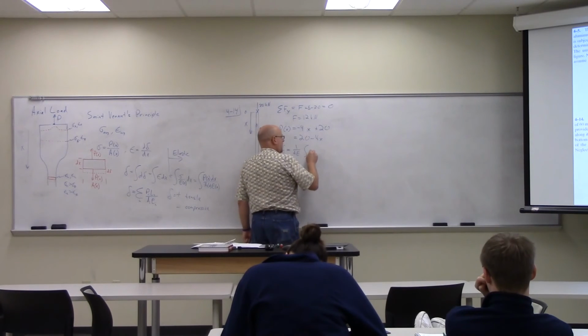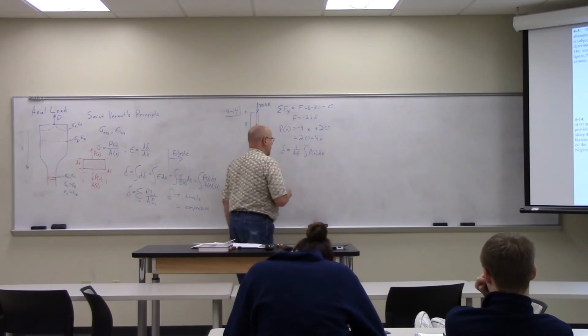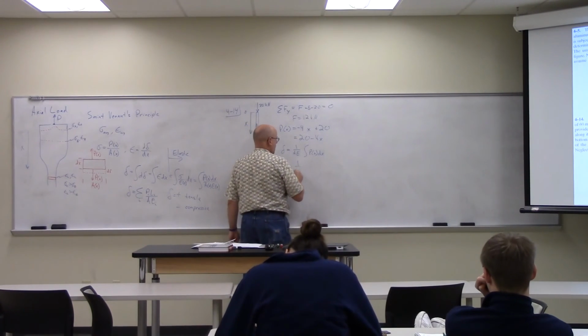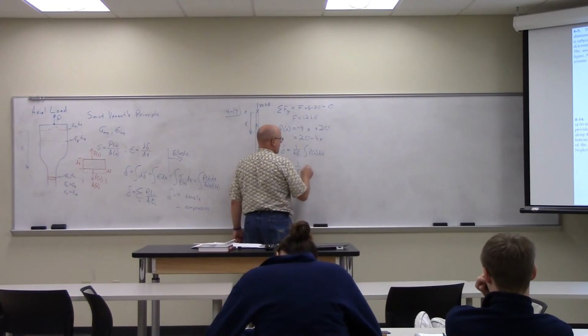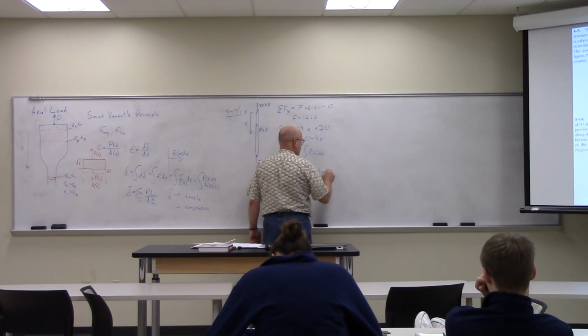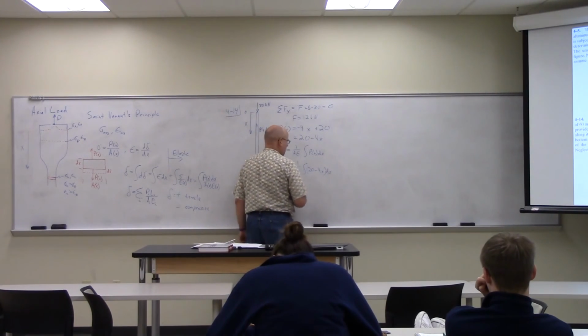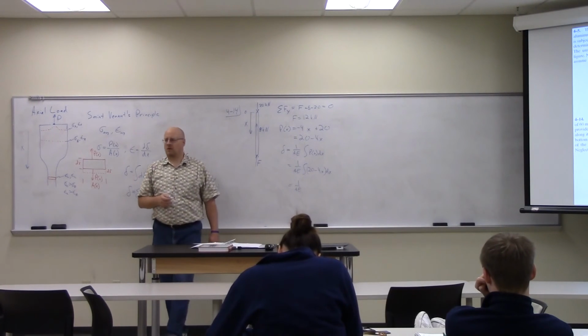All that's left is P of X dx. So that's 1 over AE, we'll plug in AE in a second, times the integral of 20 minus 4x dx. What is the integral of 20 minus 4x dx?